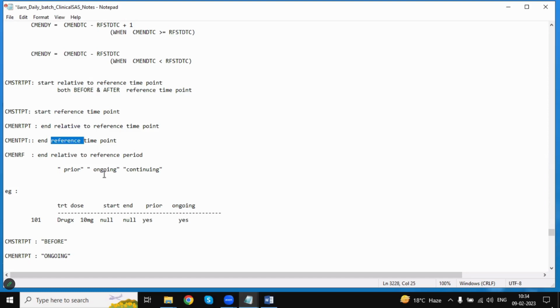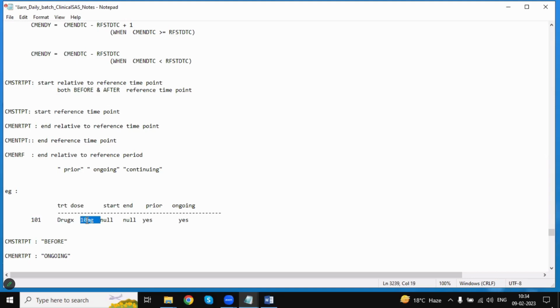For start relative reference time point, you will get values like before or after the reference. For end activity, you will get ongoing details. Let's see a scenario. Subject 101 is taking drug X, 100 mg dose.